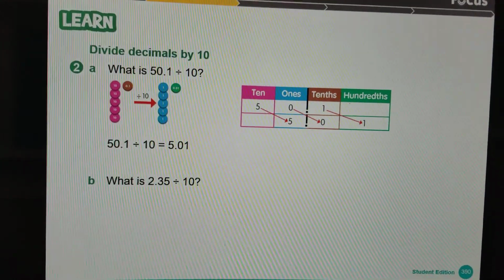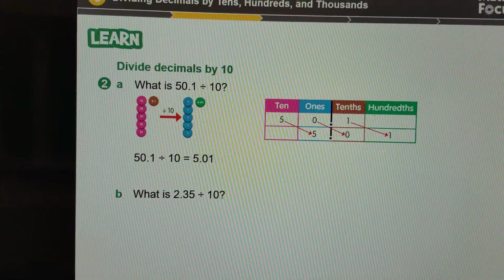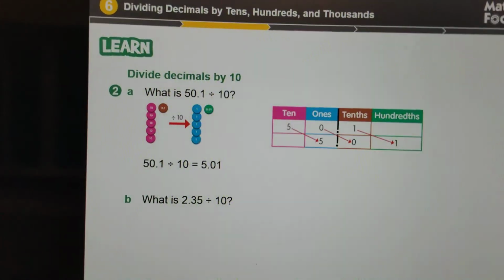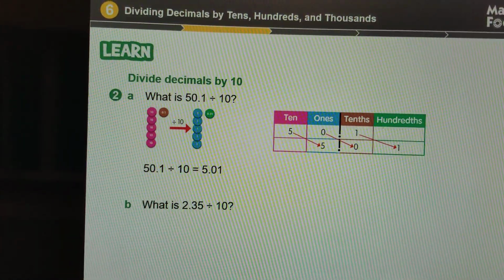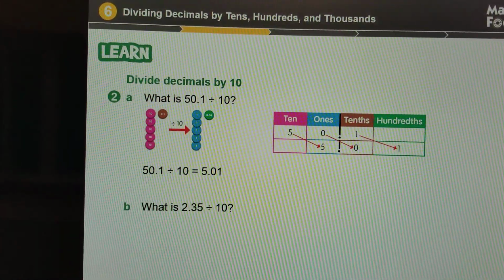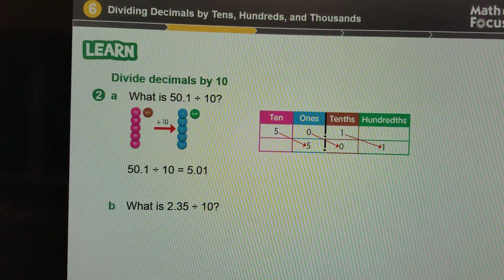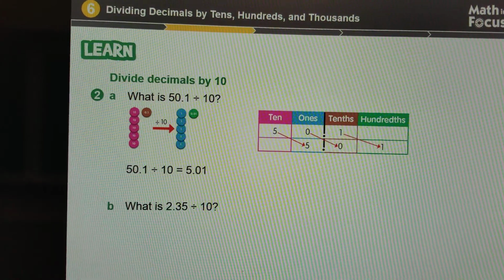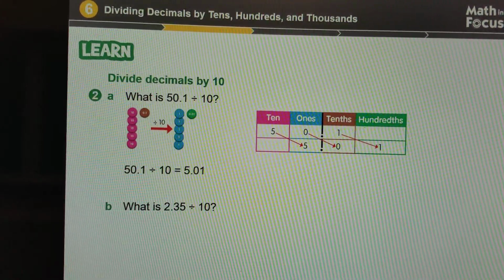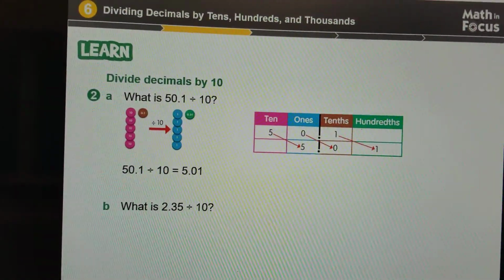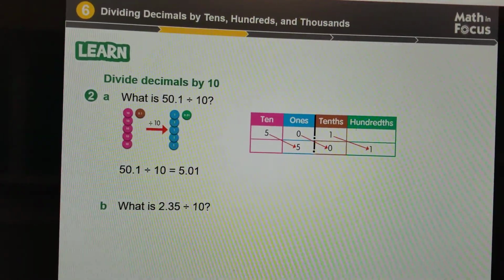What if I was to divide 2.35 by 10? So if you think back to what this would look like if I was multiplying 2.35 times 10, I know that 2 times 10 would become 20, right? Everything would become 10 times bigger. So this is the opposite.